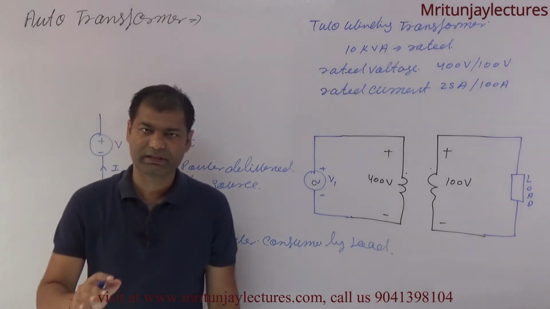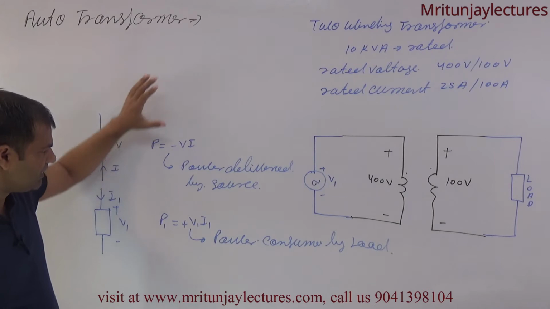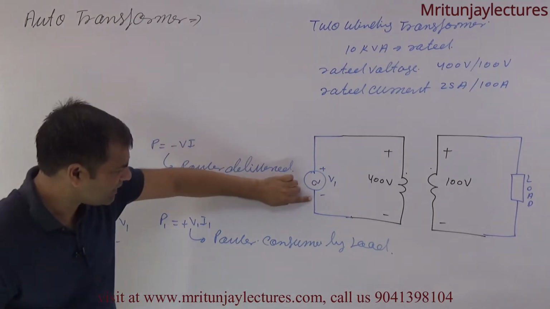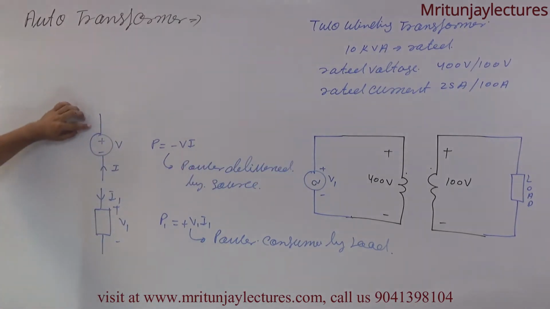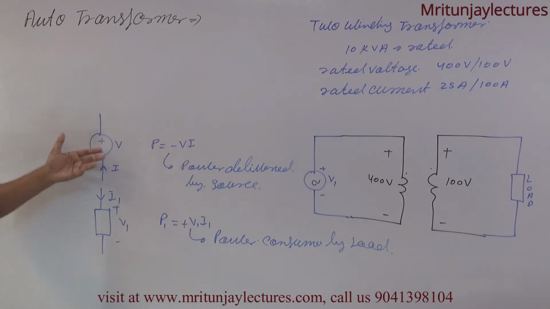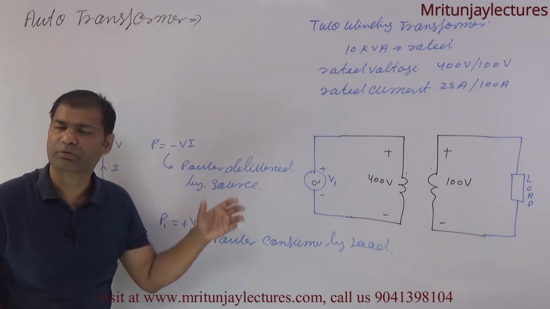It is clear? The concept of power delivered and power consumption. If current is passing through minus terminal to positive terminal, that is power delivered by source, or if this is an element, by the element, or by a load.